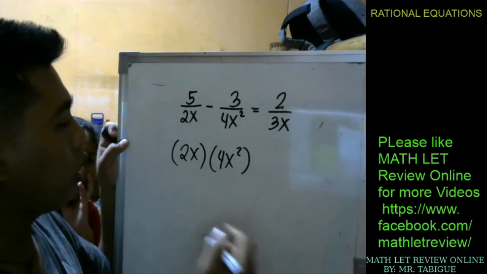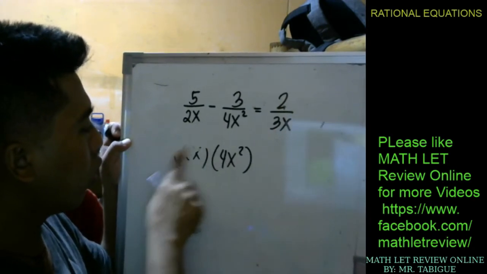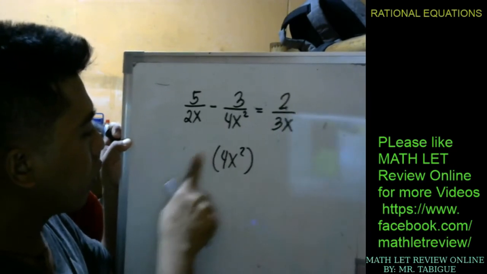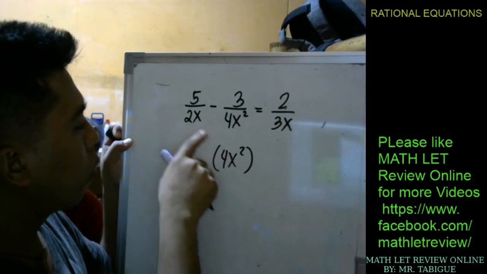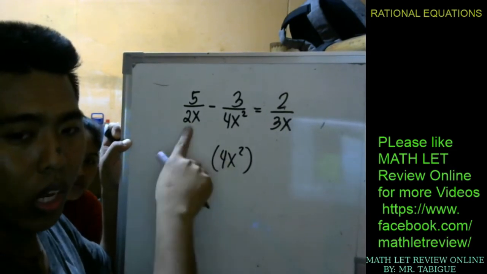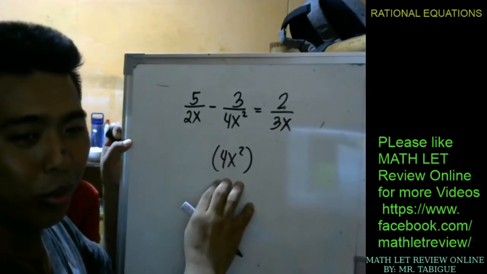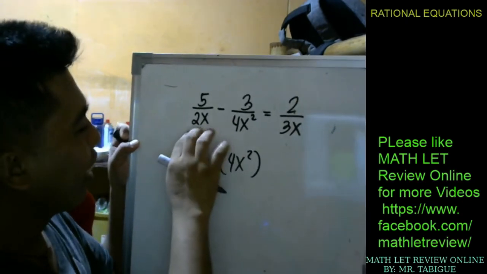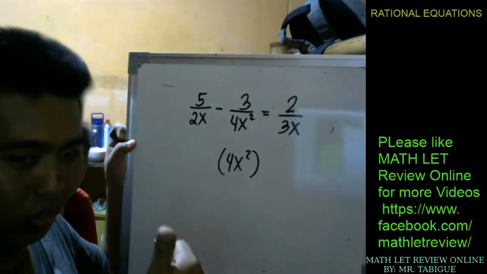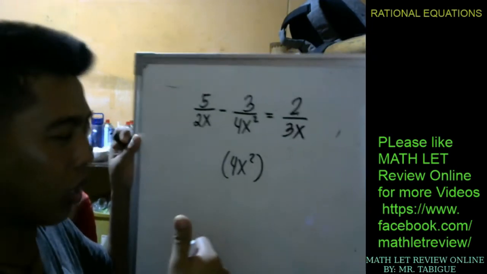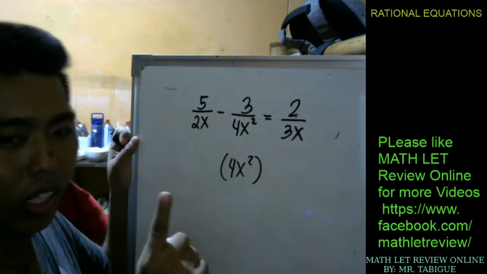So there's no need to put 2x here, because 4x squared can do the job for both denominators. 4x squared divided by 2x gives a whole number. And 4x squared divided by itself gives 1.